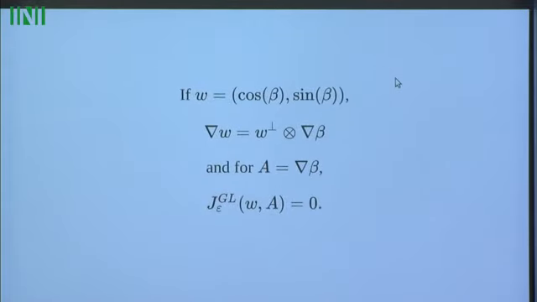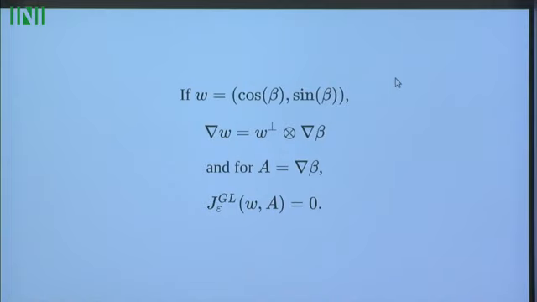Because if there is no singularity, W can be written as cosine of beta, sine of beta. The gradient of W is the W rotated by an angle pi over 2 product tensor with the gradient of beta. And then you can choose your potential A to be equal to the gradient of beta, and you obtain that the Ginzburg-Landau energy is equal to 0.